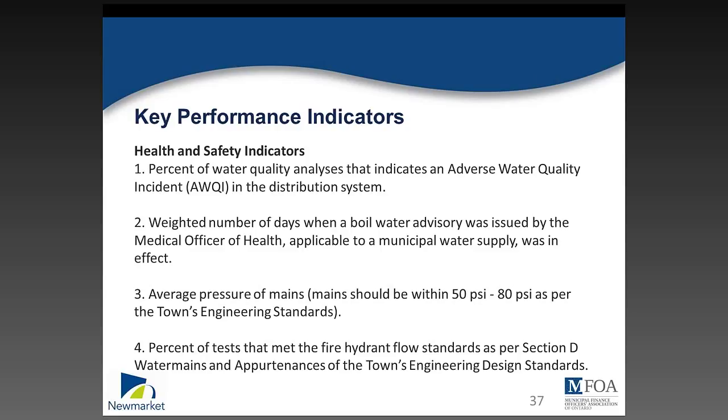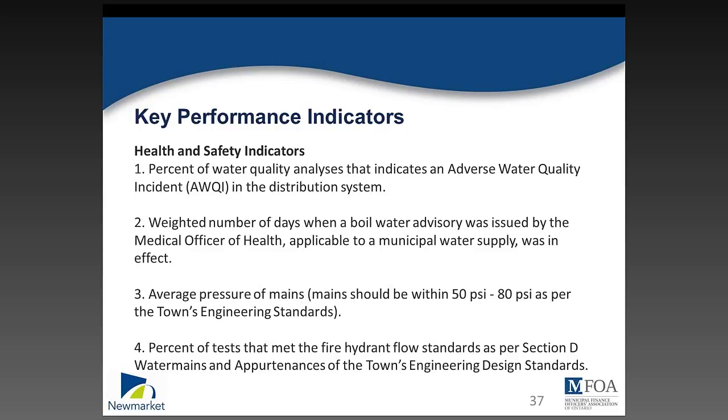So to quantify and balance these two issues, I've pulled some key performance indicators Newmarket has to reflect the trade-off. The first two KPIs reflect water quality. Tracking adverse water quality gives a sense of the water quality, and the boil water advisory days should always be 0, but it's a good indicator to have.